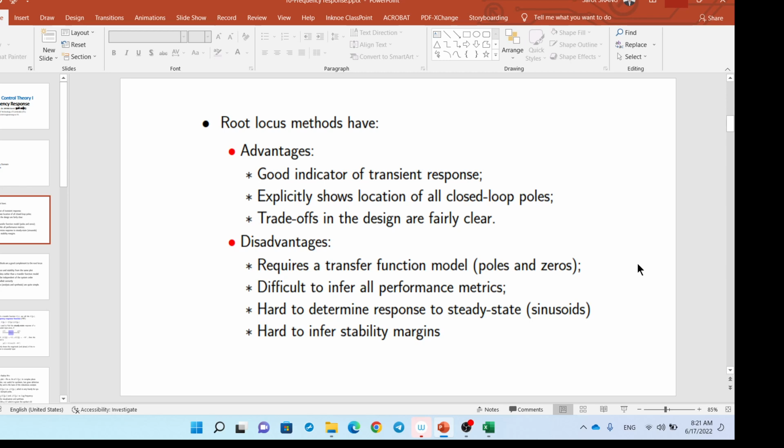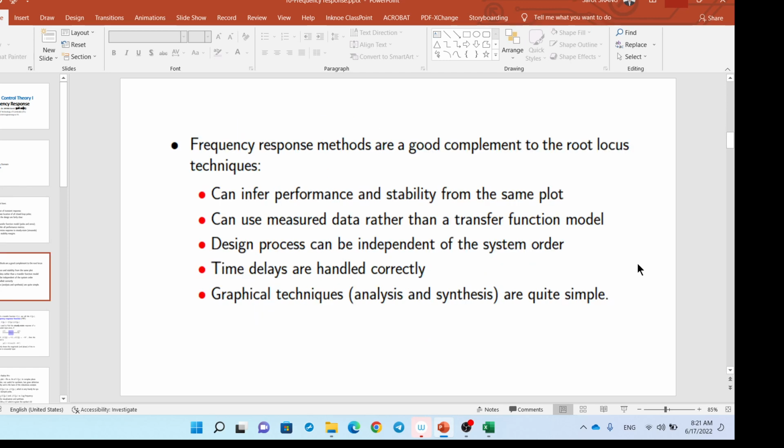Okay, and the last point of the disadvantage, root locus is hard to infer stability margins. Although you know it's stable, you cannot quantify the margin of the stability.